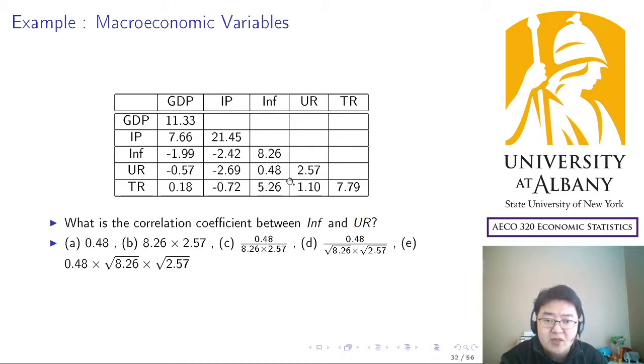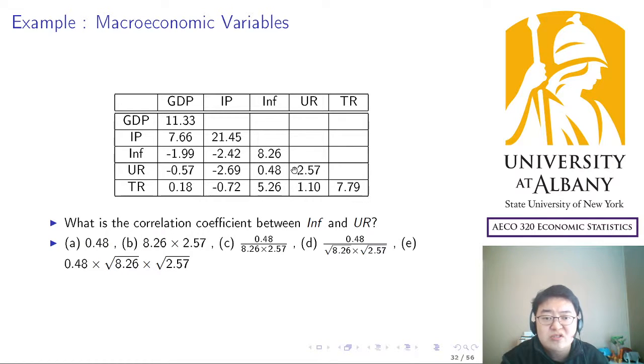So it's easy. Now you have to put standard deviations in the denominator, and the standard deviation is not given in this table because the diagonal terms are variances, not standard deviations. So you have to take the square root of them. So 8.26 is the variance of inflation rate. If you take its square root, you get the standard deviation of inflation rate.